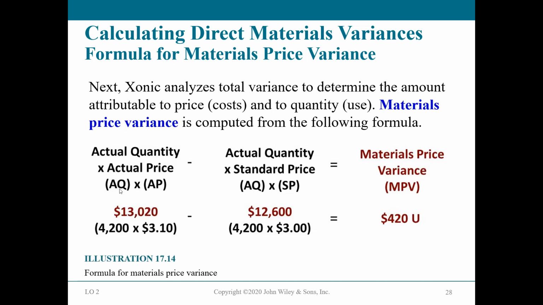So we will keep our actual quantity the same. And now we just want to determine the difference in price. So our actual price times the actual quantity minus the standard price times the actual quantity. So you can see our 4,200 consumed quantity stays the same. And our price is different at 10 cents more in one case. So we have a $420 unfavorable price variance.